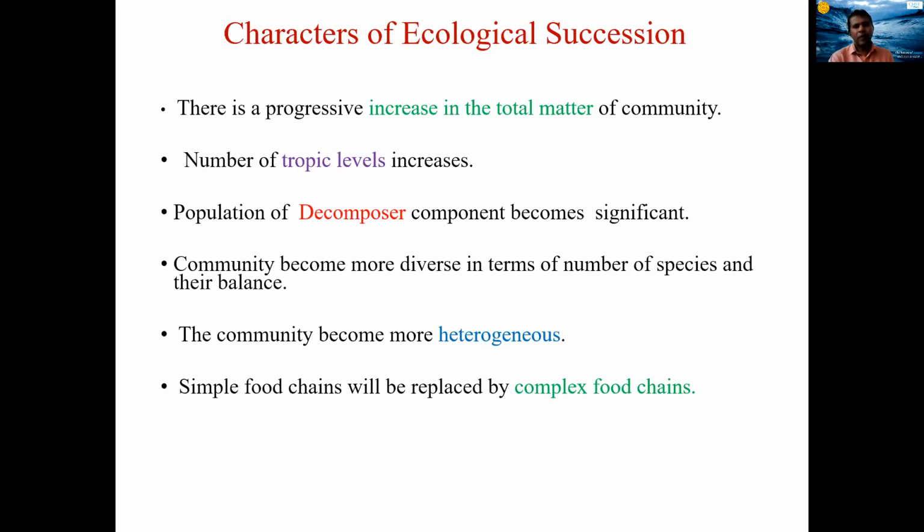Now you see even the video talking about the pioneer community as the moss or sometimes lichens, but before that definitely there are some microbes like viruses and bacteria that appear in this ecosystem, and only then do the others actually start growing.